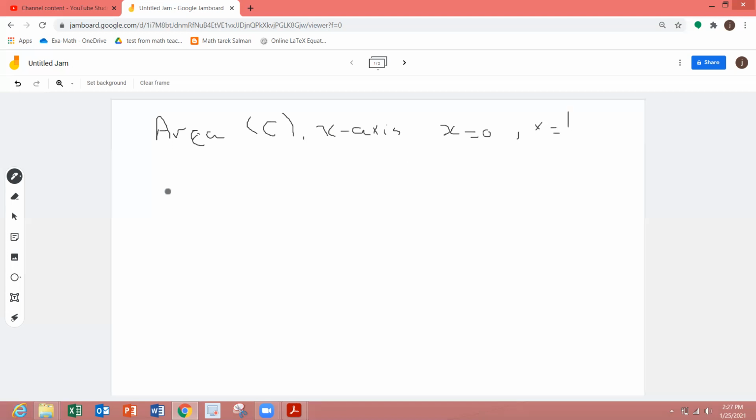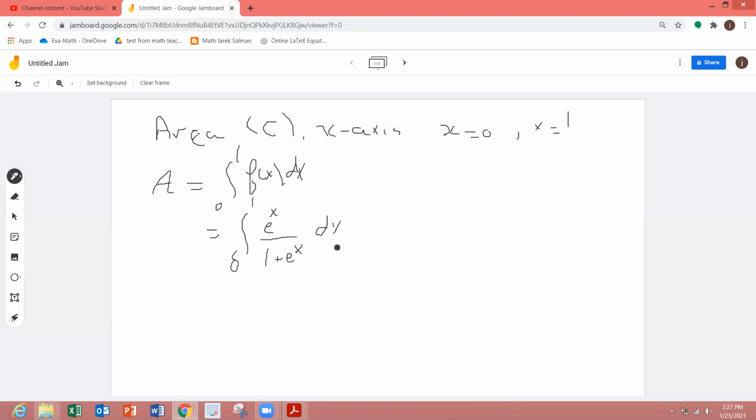The area is the integral from 0 to 1 of f(x) dx, which equals the integral from 0 to 1 of e to the x over 1 plus e to the x dx.